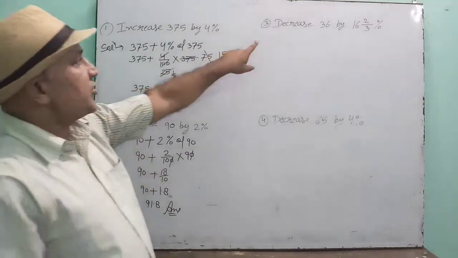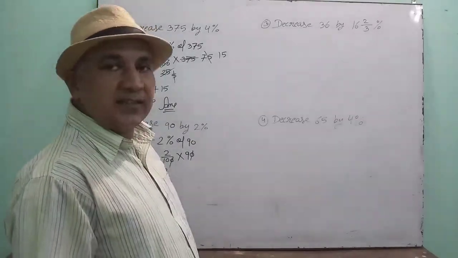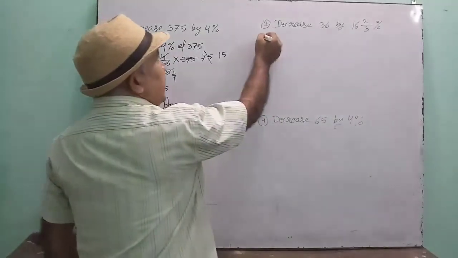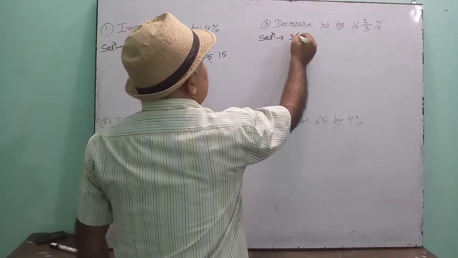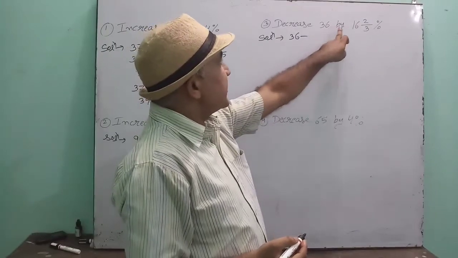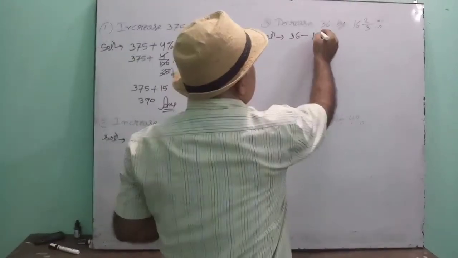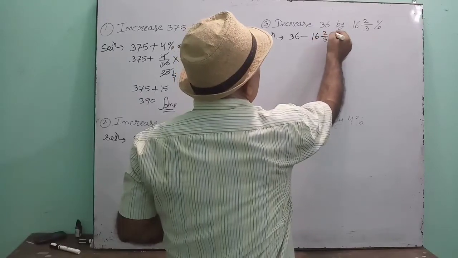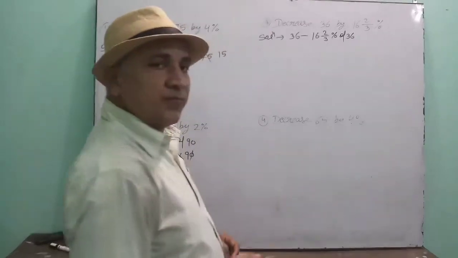Now see the third question. Decrease 36 by 16 2/3%. Here you have to decrease. In the case of decrease, we will subtract. Decrease 36 by this percent means 36 minus 16 2/3% of 36.